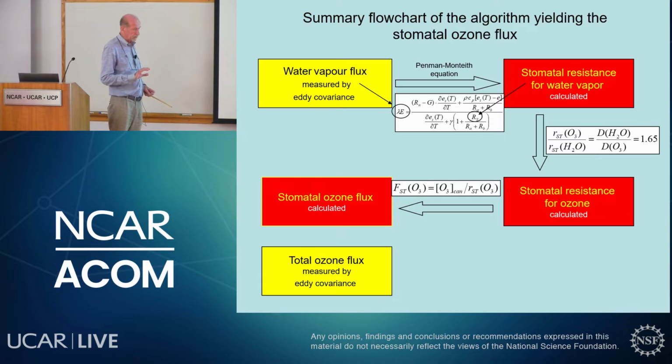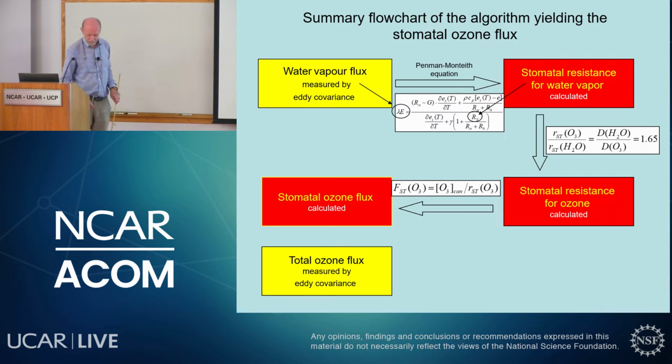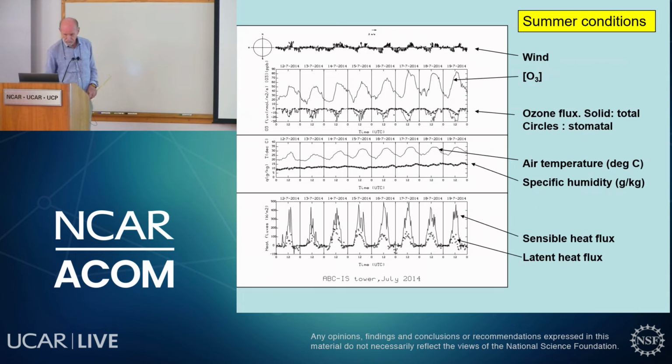I know that there is one group in California which tries to measure directly these stomatal ozone fluxes, but this is still now calculated and compared to the total ozone flux measured by eddy covariance.